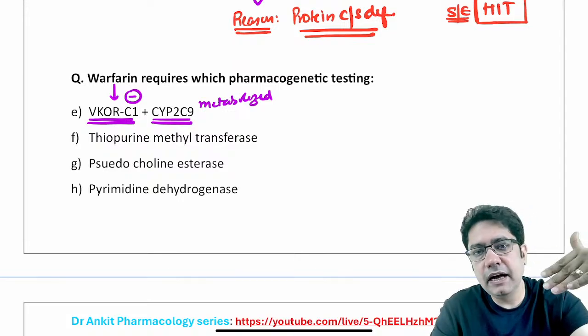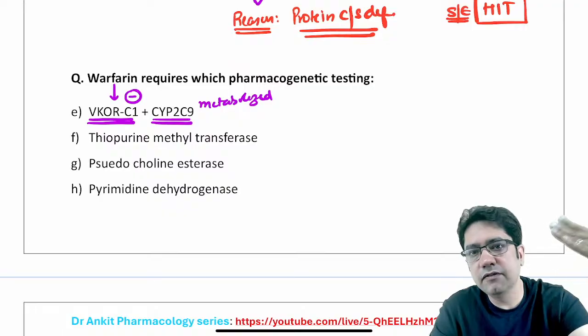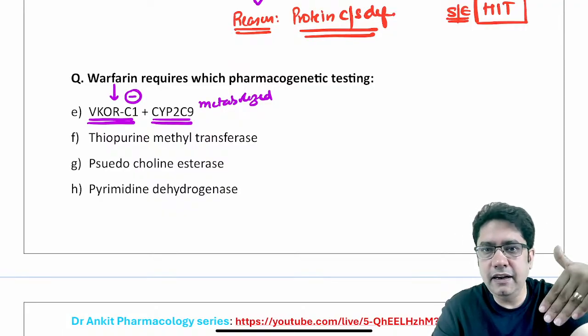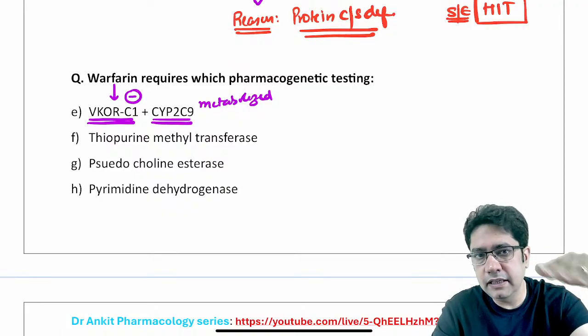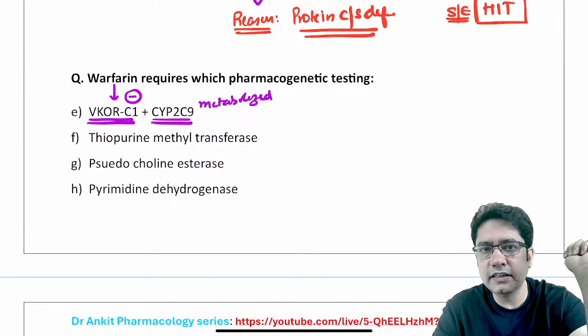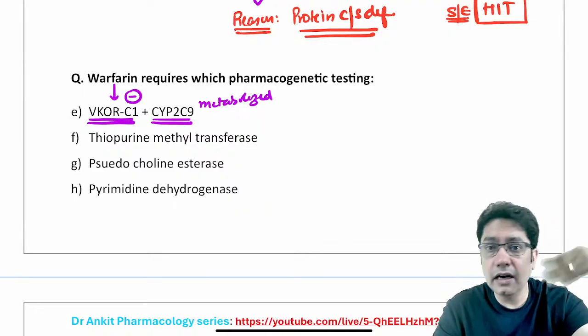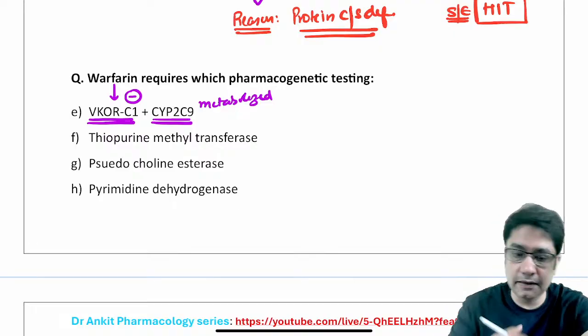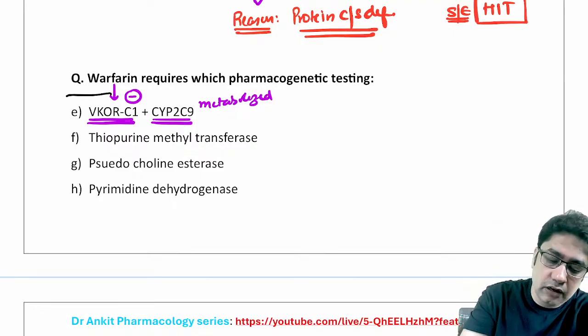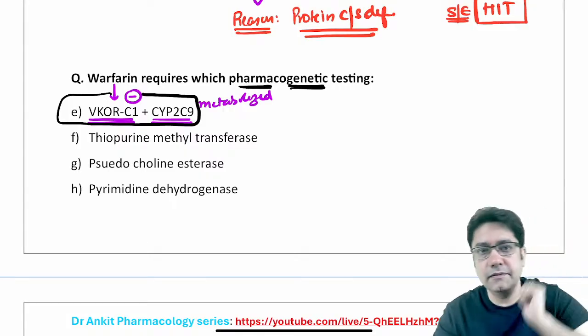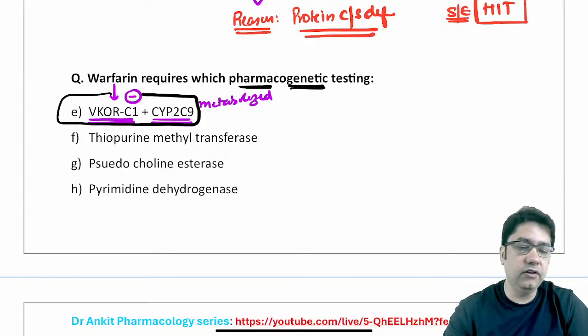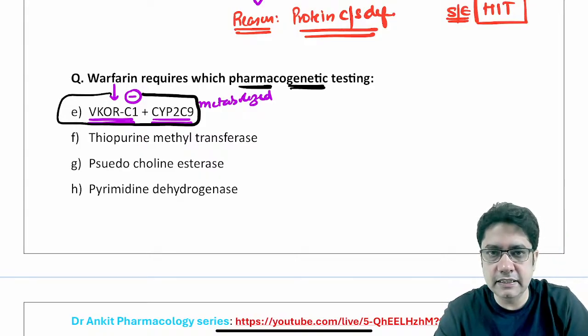Now, some people have deficiency or excess of this enzyme. Indians are deficient, we have a smaller amount of this CYP2C9 enzyme. Americans have more of this enzyme. So that is why before giving warfarin, do genetic testing for this enzyme. This is known as pharmacogenetic testing. So warfarin requires VKORC1 and CYP2C9 testing.